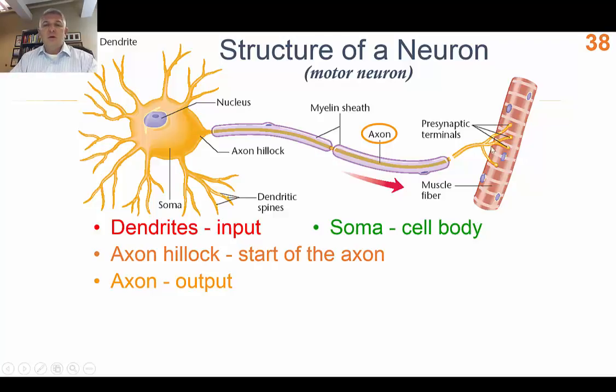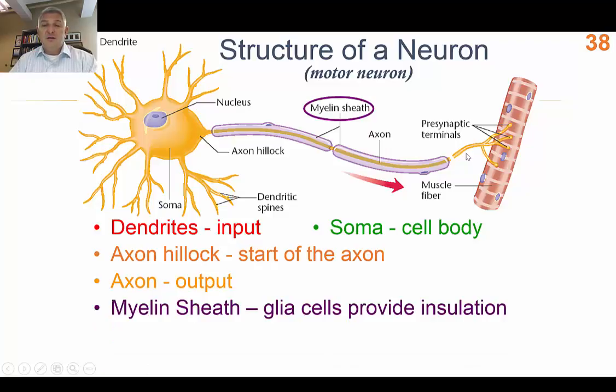Now, you'll notice what's around the axon. That myelin. In this case, we see those Schwann cells, which are wrapping individually around segments of the axon. And what does myelin do? Yes, that's right. It provides insulation, just like the insulation on your speaker wire, so that the electrical signal can be efficiently carried to its target.